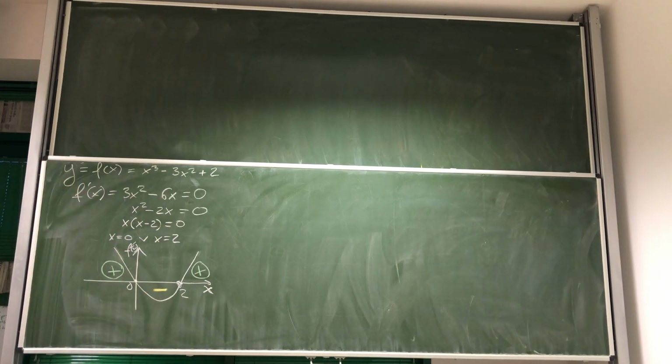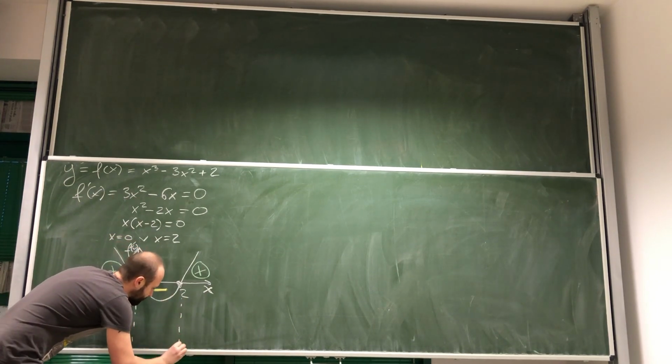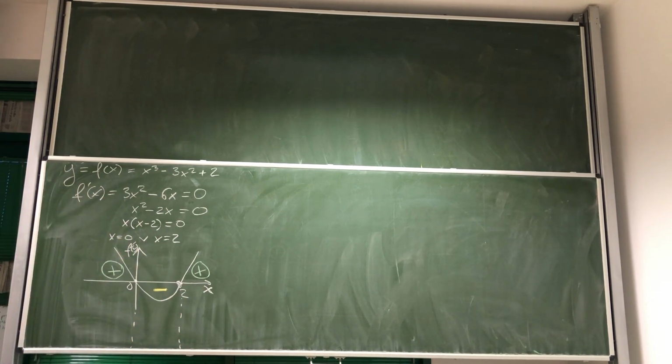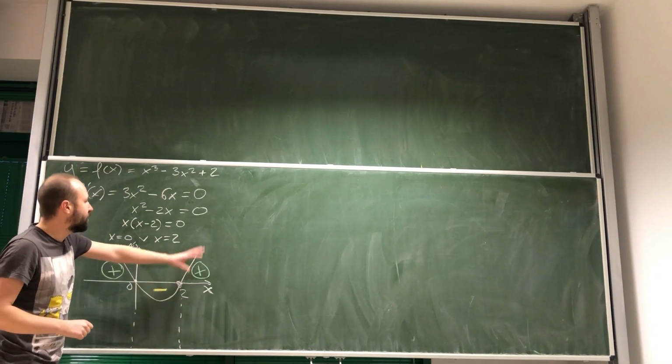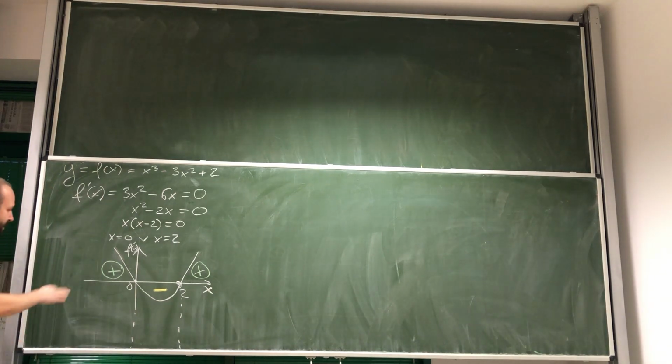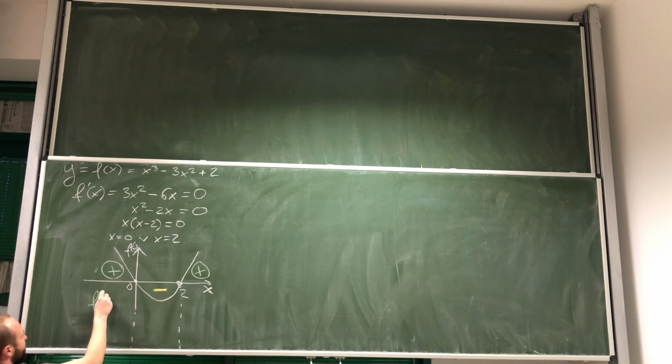Okay, so what is this telling us? Look, I can divide this area and conclude a couple of things about our original function, f of x, just based on the sign of the derivative. Here, because the derivative is positive, it means that our function has positive slope, which means that our function is increasing.